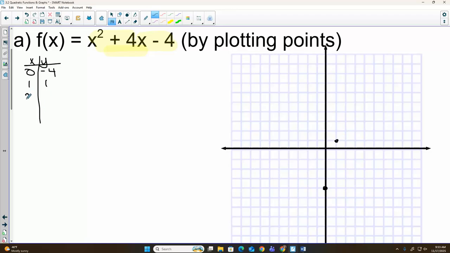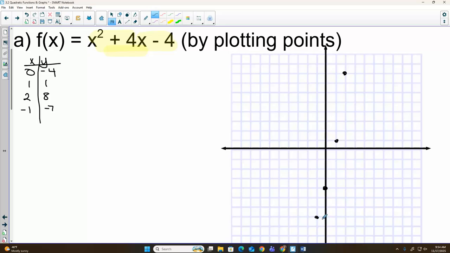If I put in 2, I get 4 plus 8 minus 4. So that's 8. What should I plug in next? Okay, let's plug in some negatives. If I put in negative 1, negative 1 squared is 1, minus 4 minus 4, so 1 minus 8 is negative 7. So negative 1, negative 7.